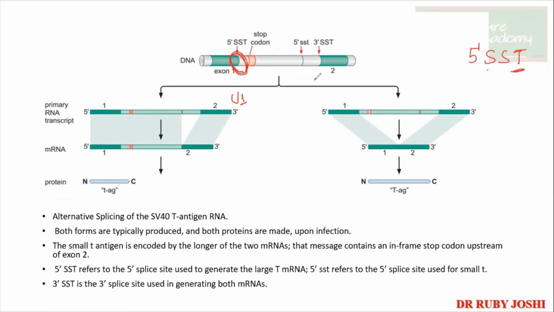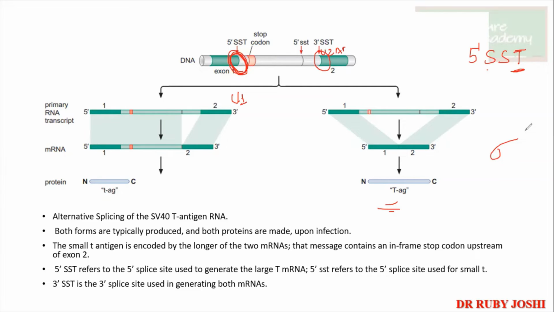Correct? So in the case of capital T antigen, the splicing machinery is going to sit over here and at 3' SST. Okay, so here U1 will be there, here your U2AF 65, 35 will come, and then they will remove the entire intron in the form of the lariat. This is just like normal splicing machinery between two exons.